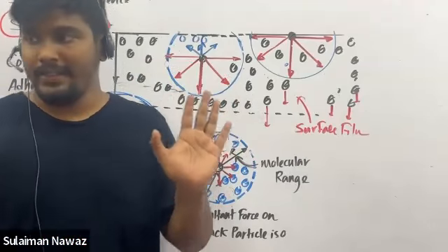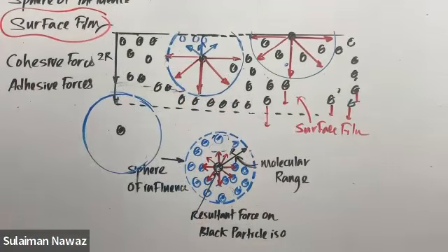Up to now everything is very clear? Raise your hands. Okay, now write down. We'll draw this diagram. Draw this diagram nicely. Surface film, mark down surface film, 2 capital R, and everything. If you finish drawing, raise your hands.